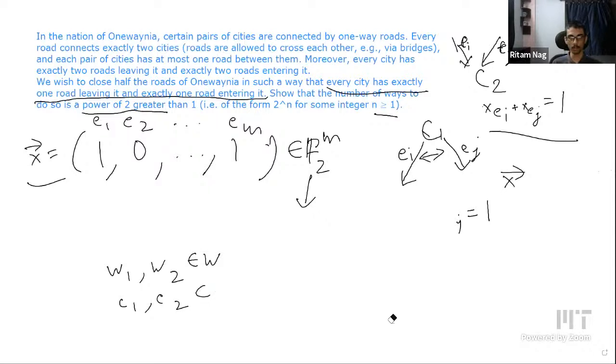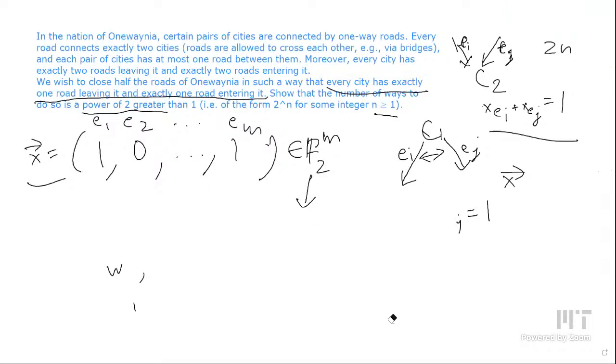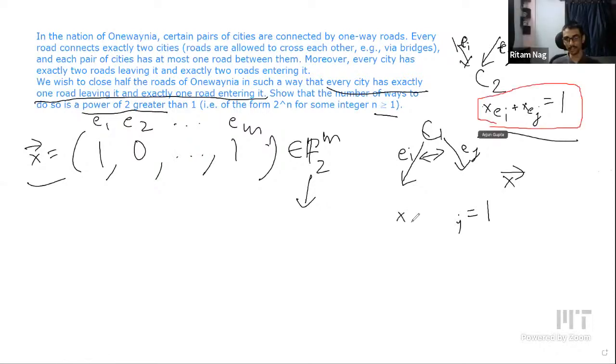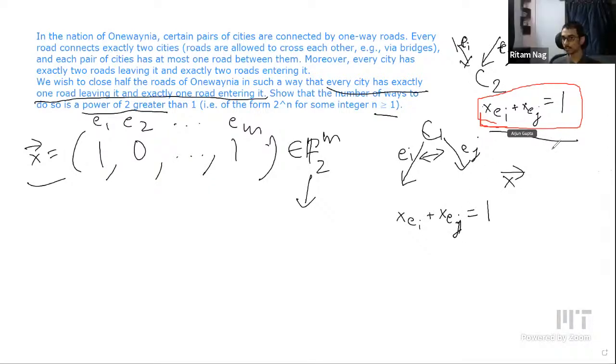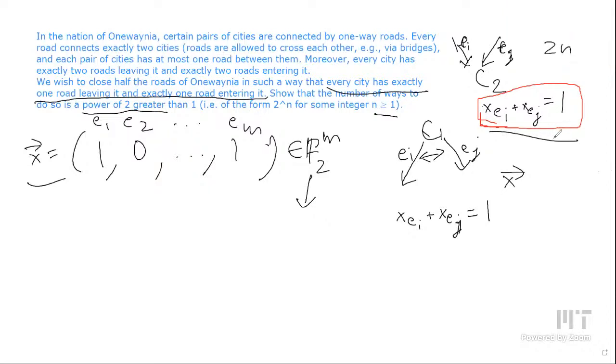We want this linear equation to be satisfied, but if we consider two solutions of this and add the two solutions, there will not be a new solution.